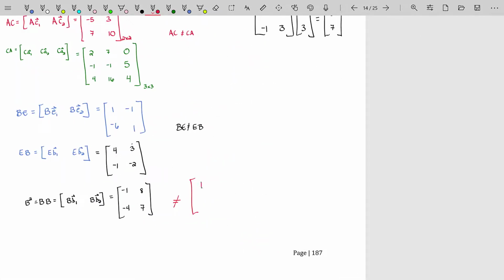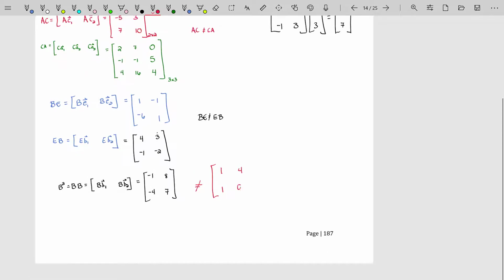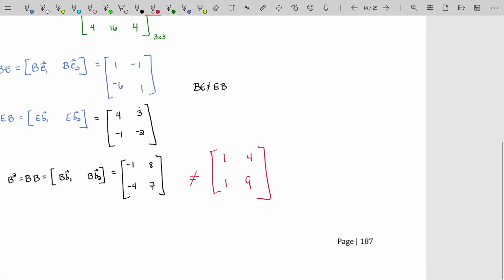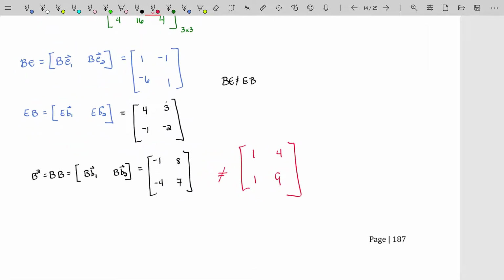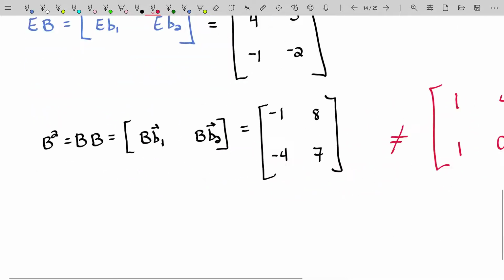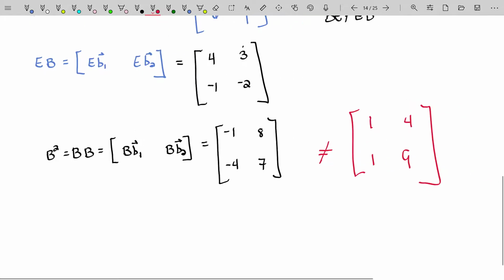So 1 squared would be 1, 2 squared is 4, -1 squared would be 1, and 3 squared would be 9. Notice this is not the same as the actual squaring of the elements. So do not think that B squared means, oh, I'll just square everything. That's not true. It's actually B times B, and that's completely different.